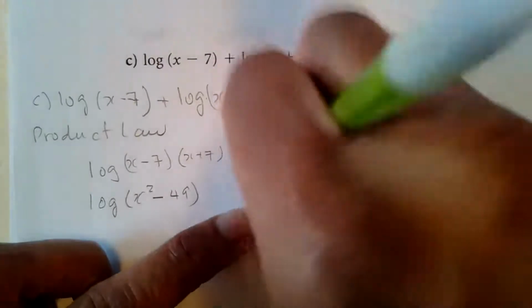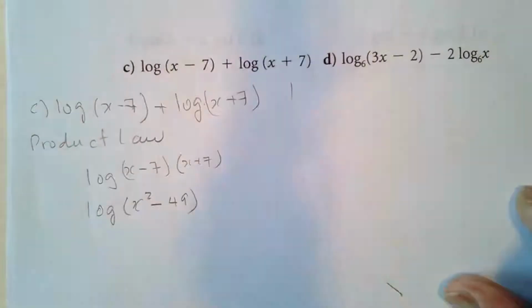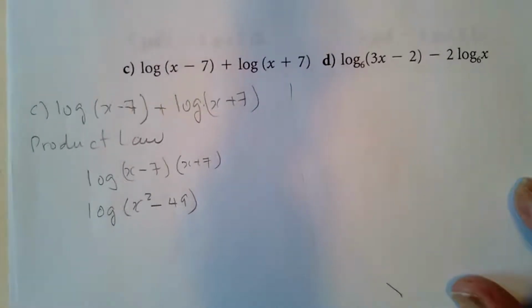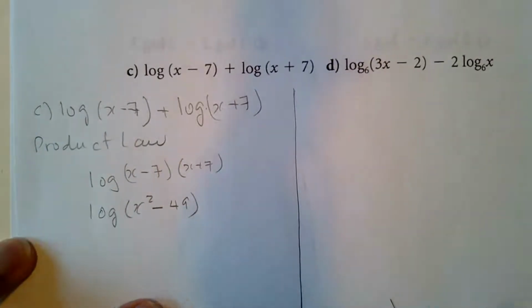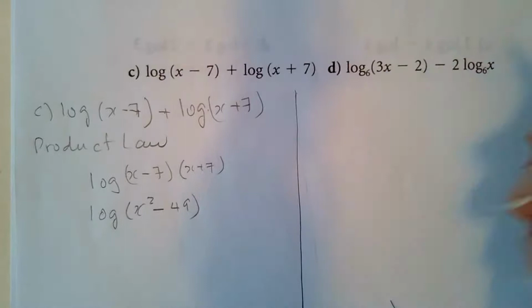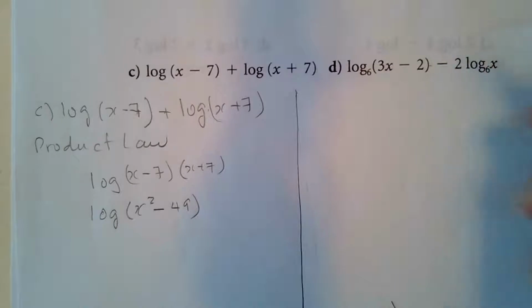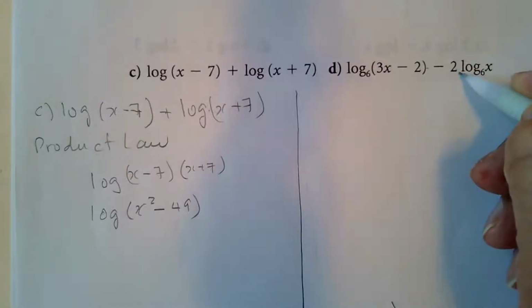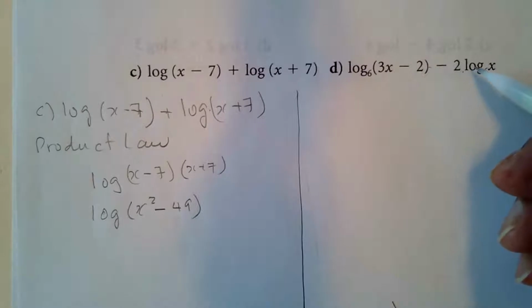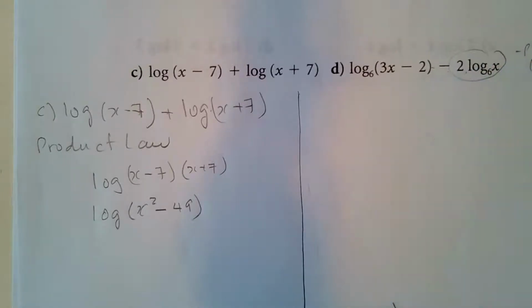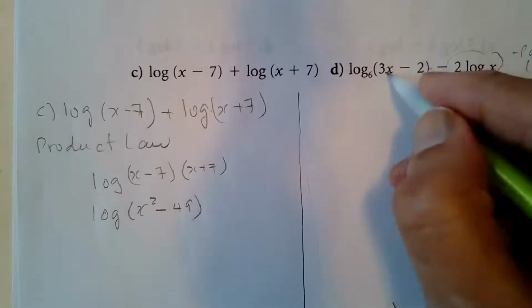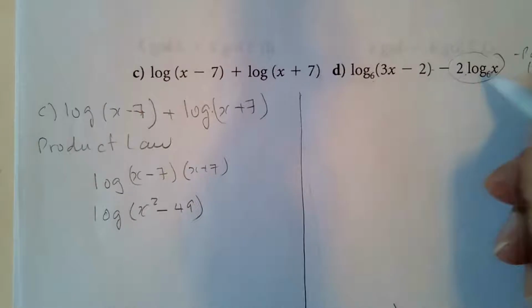Line is really crooked here. Here we have log 6. Now it's a difference, so this will apply. First of all, we have the power law we'll use here, and then we'll use the quotient law. So we have to use the power law here. And then there's a negative between the log 6 and log 6 over here, so we can use the quotient law.